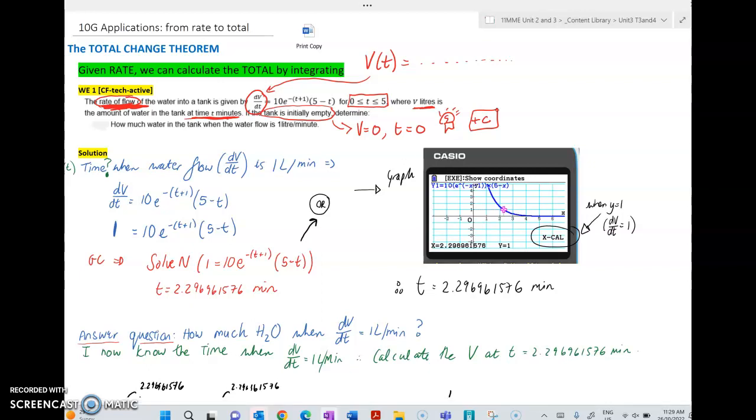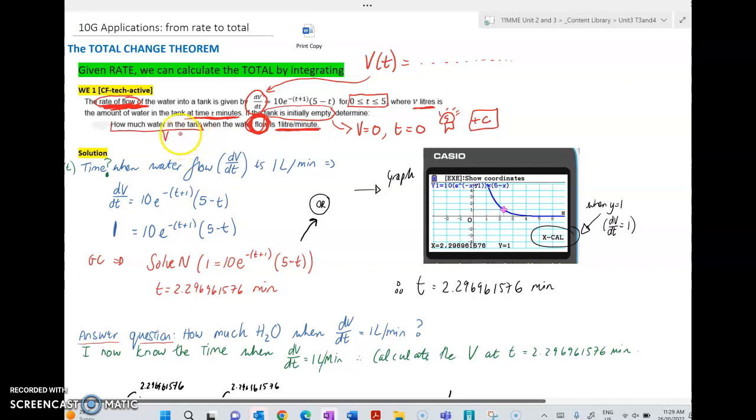And then the question is, how much water is in the tank? In other words, what's the volume of water in the tank when the water flow is 1 liter per minute? So to find the water in the tank, what are you going to need?